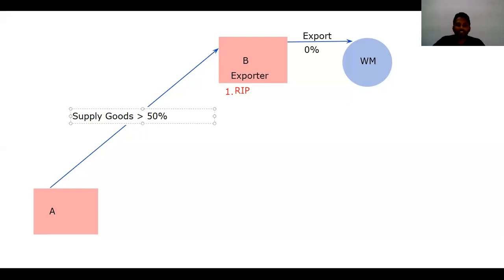Assume he has total sales of, let's say, 100 million. If they have 100 million and they supply 60 million worth of goods during that quarter, then this person also can be registered as a RIP.